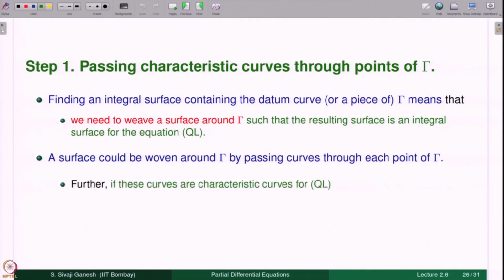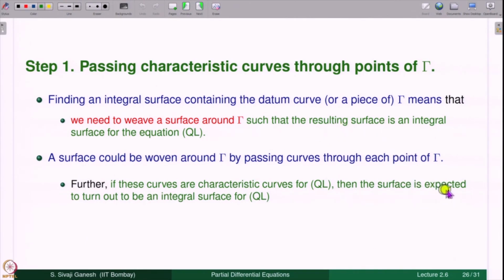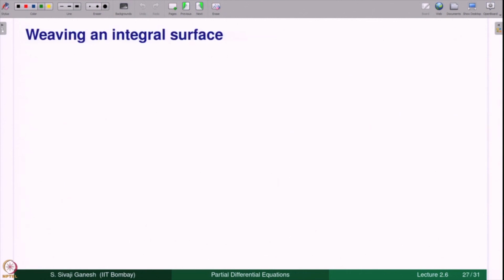Further, if these curves are characteristic curves for QL, then the surface is expected to turn out to be an integral surface. You have to be very careful, I use the word expected, usually people mean expected means it will happen. No, this may not happen. Hoped, maybe that is the correct word, then the surface is hoped to turn out to be an integral surface by the theorem.